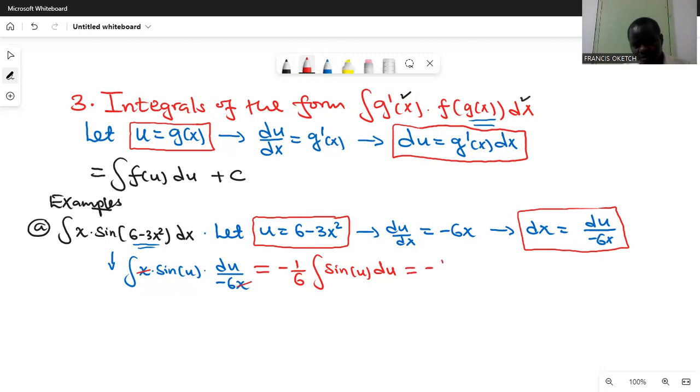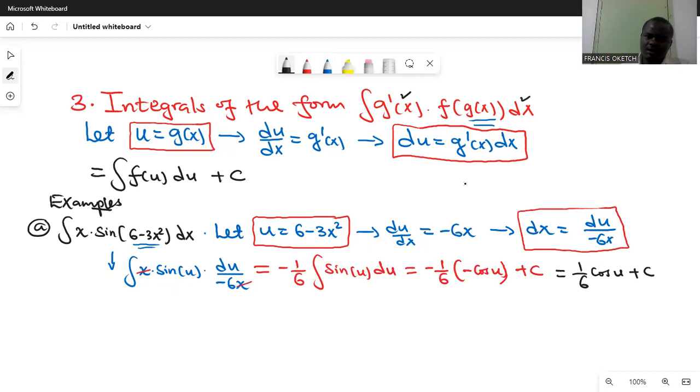So that will be negative 1 over 6 times negative cos u, when you integrate sine u, plus a constant c of integration. This you can as well write as 1 over 6 cos u plus a constant c.